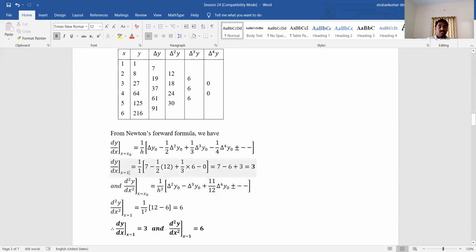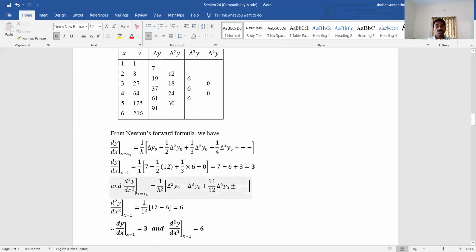Therefore x naught is 1 from the table. Here we put the x naught value and all the values of delta y naught, delta 2 y naught, delta 3 y naught, delta 4 y naught, and simplify, we get 3. Therefore, derivative of y at x is equal to x naught is 3.